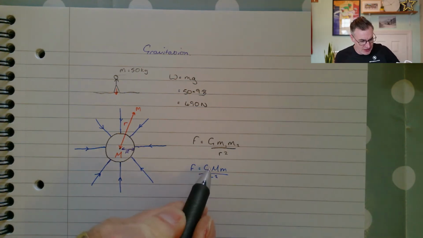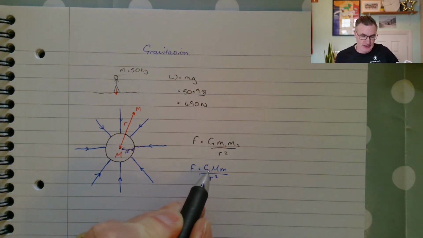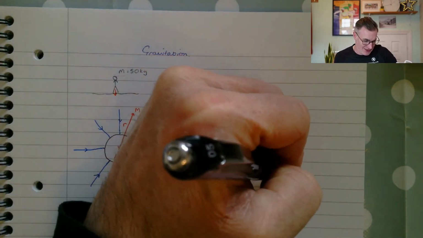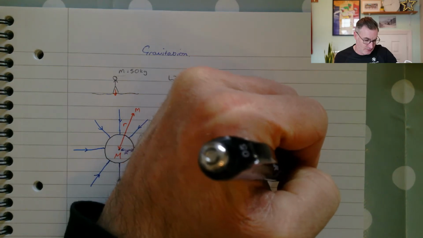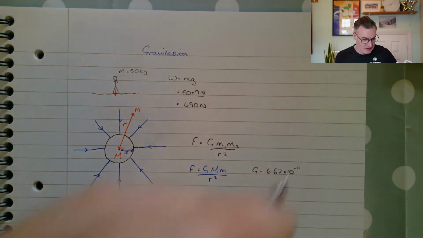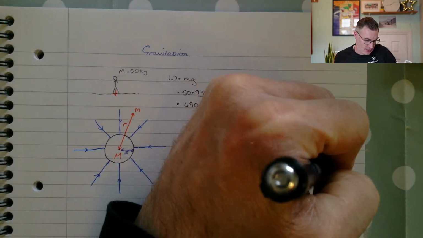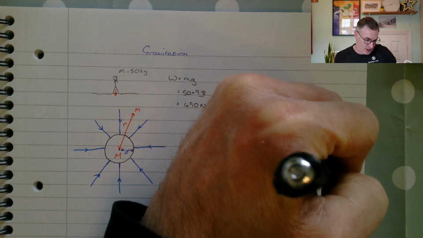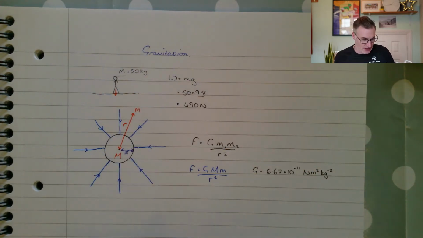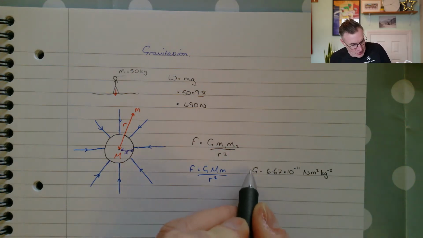Big G is Newton's gravitational constant, and that is 6.67 times 10 to the minus 11 newton meters squared per kilogram squared. So that's the constant.